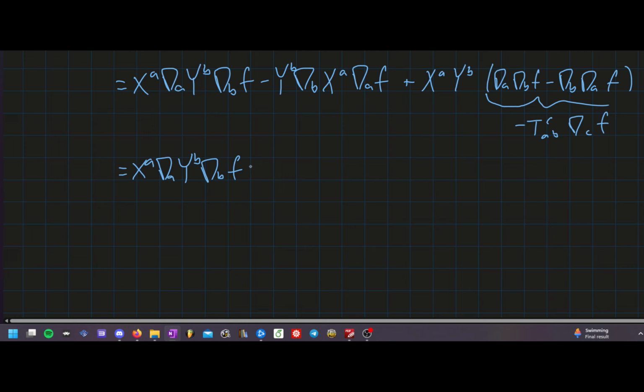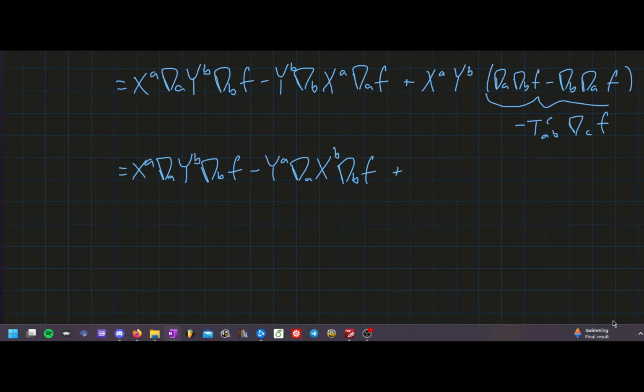I'm going to switch my dummy variables here, and I'm going to write these b's as a's and these a's as b's. Plus, now here I'm going to rename b to c and c to b, I believe, in this term. So let me just write that up here.